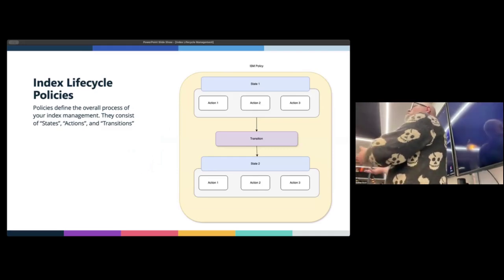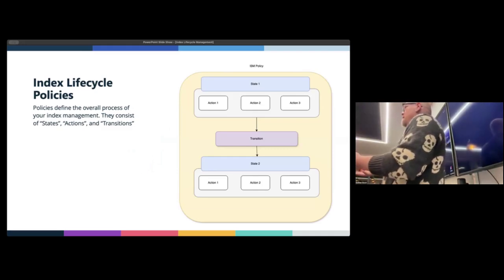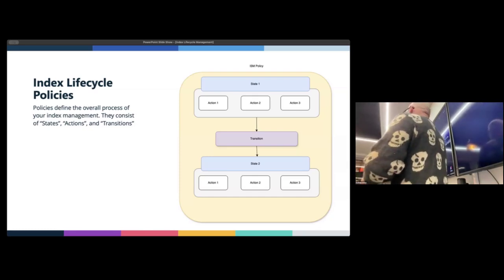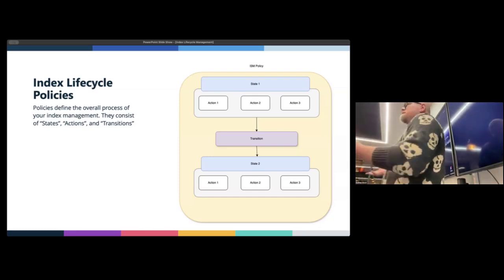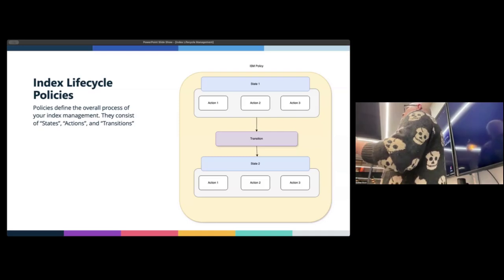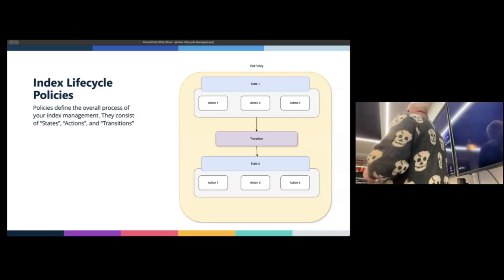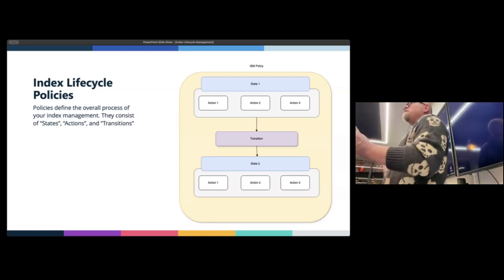And if one of them doesn't work, you can tell it to retry a number of times, and how long to wait before retrying those things. And then conditions by which they will decide to switch to another state. I don't know if there's a limit on the number of states or actions that you can have in a life cycle policy. So the sky is the limit for now.